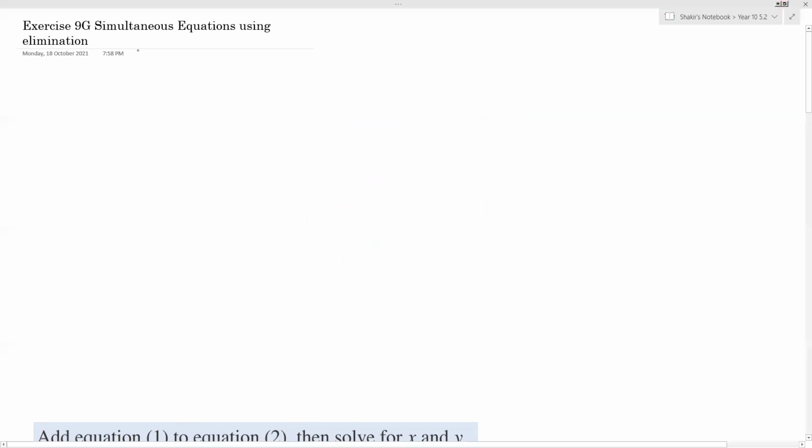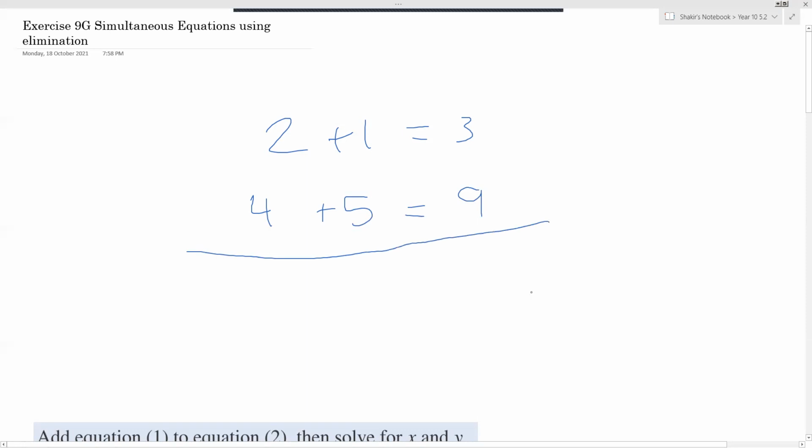For example, if you had 2 plus 1 equals 3, and you had 4 plus 5 equals 9, let's subtract the two statements. 3 minus 9 gives me negative 6. 1 minus 5 is minus 4. 2 minus 4 is negative 2.